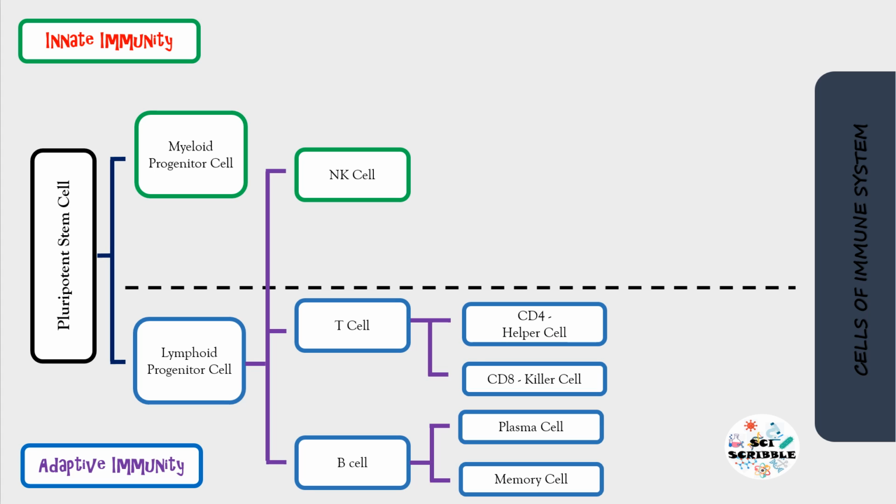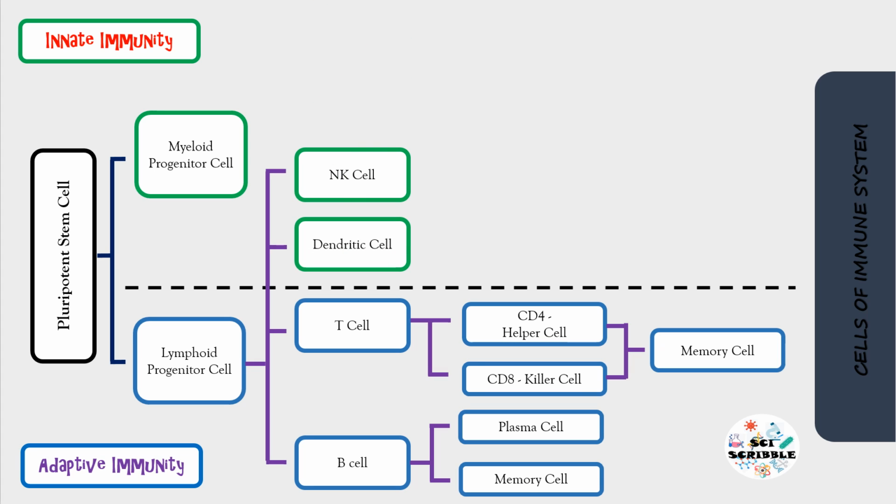Then, from either type of the T cells, you can get memory T cells. Now, an element that is not really part of either system is dendritic cell that can be produced from the lymphoid progenitor. So, that is the adaptive immunity.